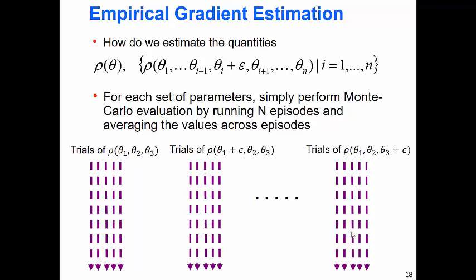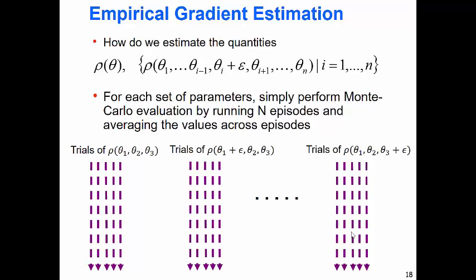Basically you're just tweaking parameters, and if tweaking improves performance, you change the parameter in that direction. If it makes things worse, you change the parameter in the opposite direction. That's what you would do if you didn't know calculus, or you were just doing this on your own, trying to come up with the fastest way to optimize parameters.